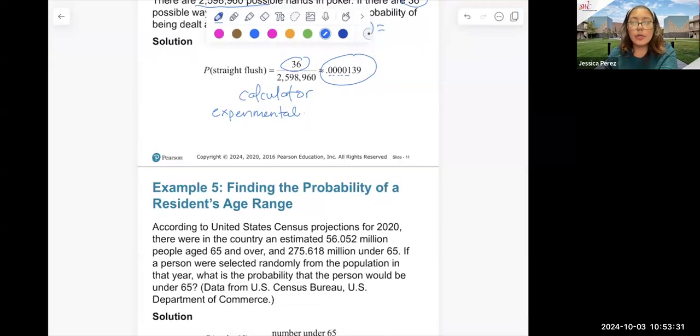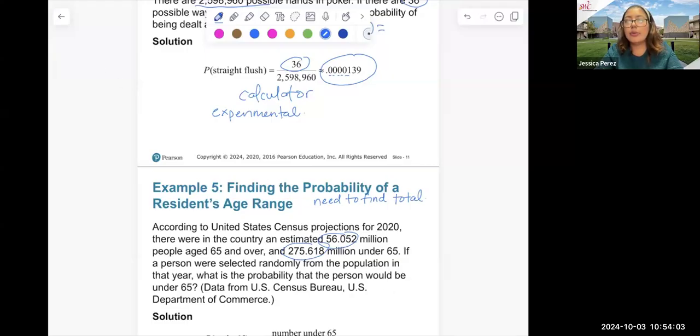If a person were randomly selected from the population in that year, what is the probability that a person would be under 65? So first you need to find the total. You don't know what the total number is, but you can add the 56 million plus the 275.6 million.